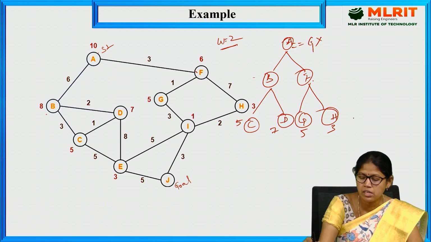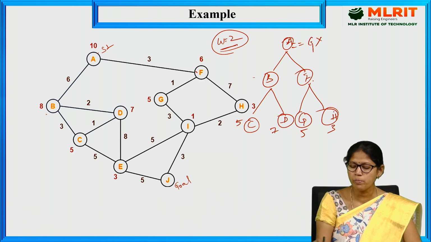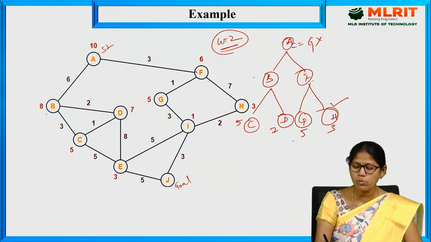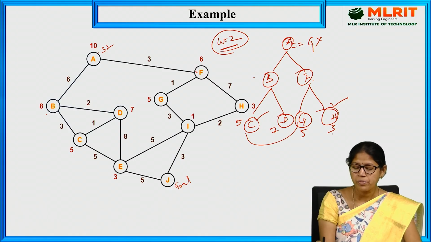In this third level, it will take 2 best nodes because W is 2. The width is 2, that's why it will select only 2 best nodes. One is H, and another one is C, because C and G have the same heuristic value, so it will take any one of them. So I am taking C and H.